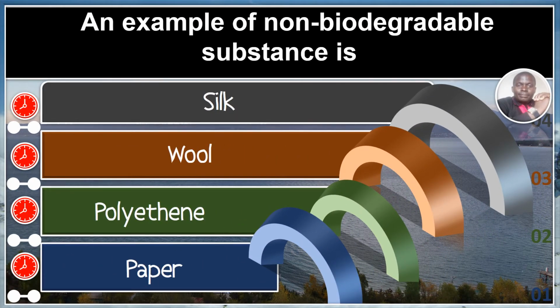An example of a non-biodegradable substance is polyethylene.